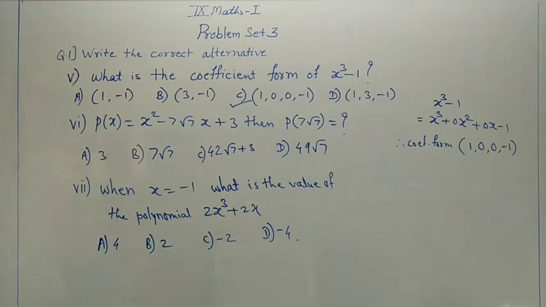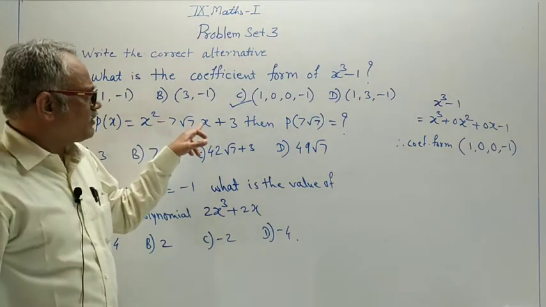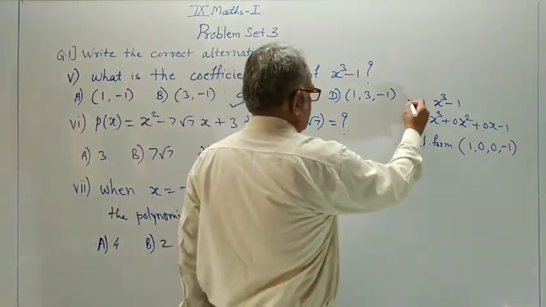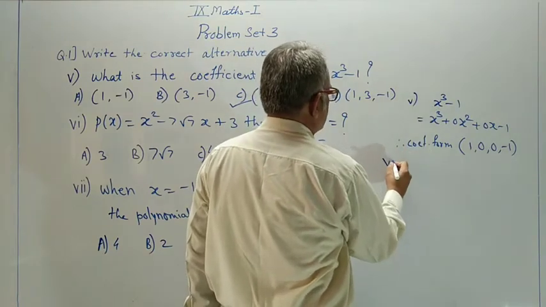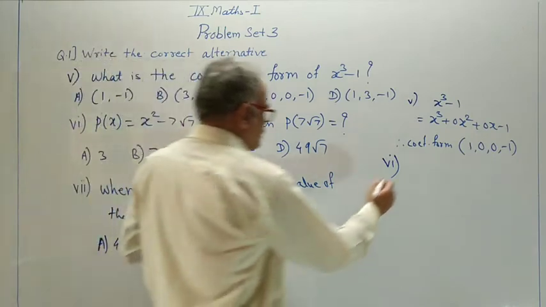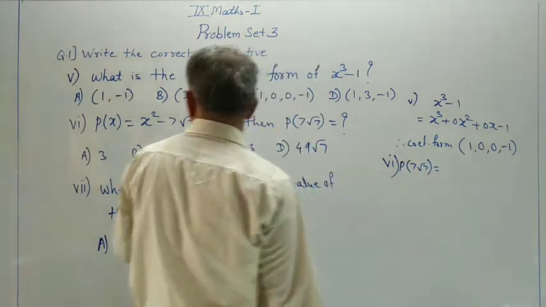Then the 6th sum: p of x is x square minus 7 root 7 x plus 3. Find p of 7 root 7. For that I am doing the work over here. P of 7 root 7, I am writing in short now.